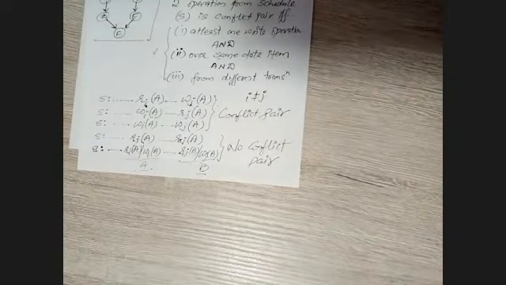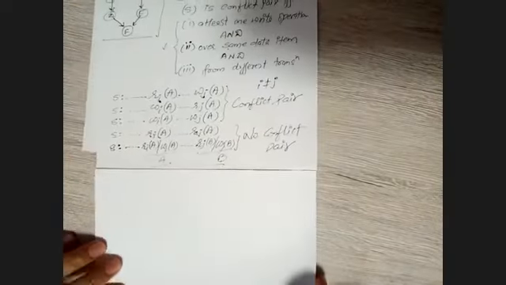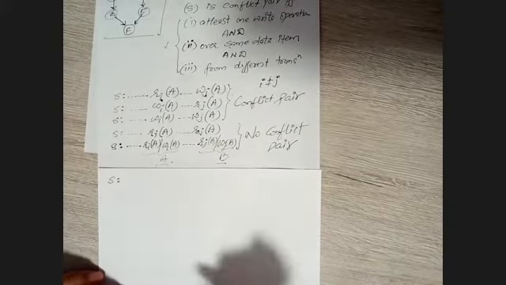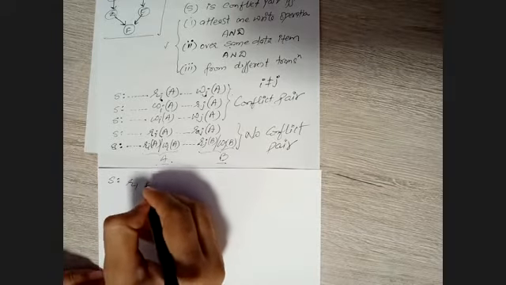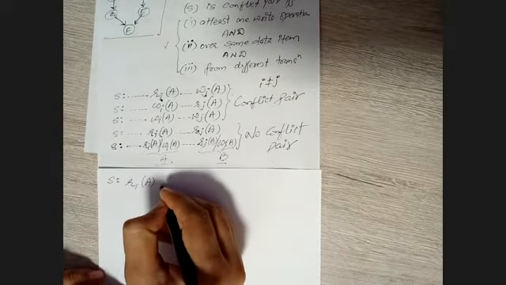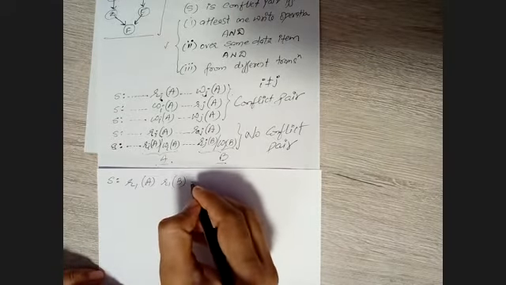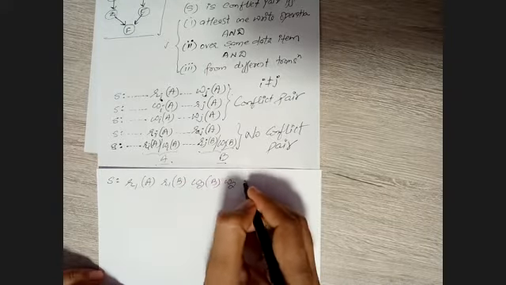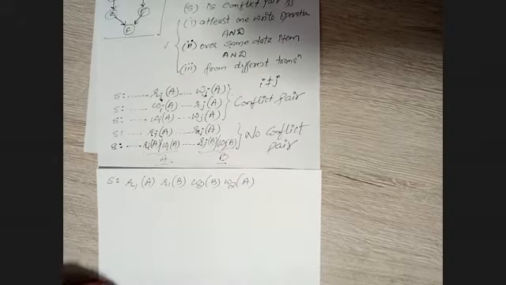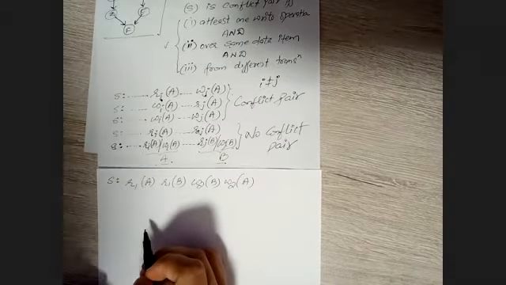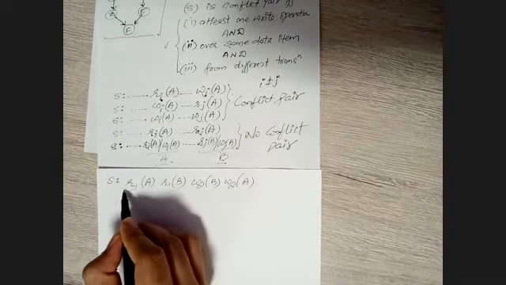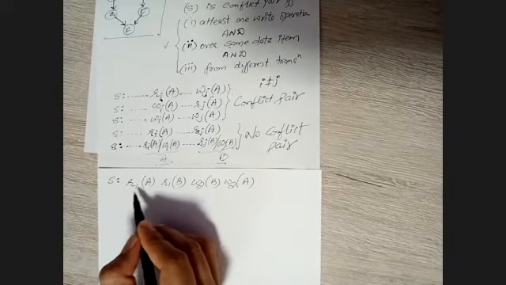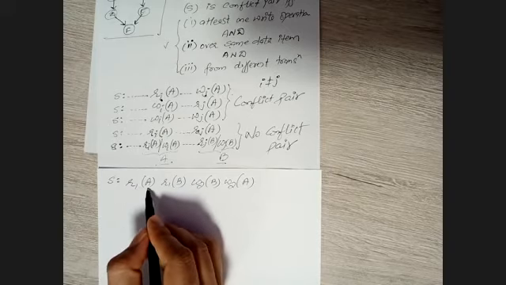Let me say I have a schedule like this. I have read and write. Okay. See, now identify the conflict pair. R1A. What will be the conflict pair of R1A? That is W2A. Right?